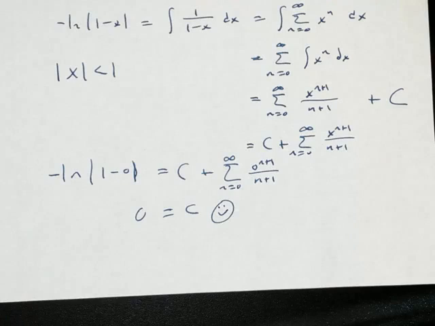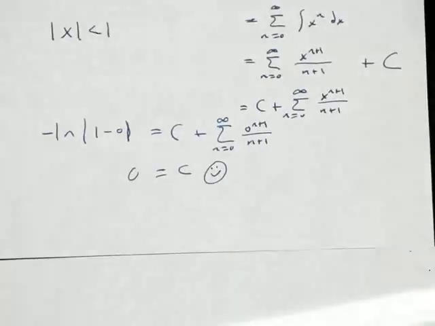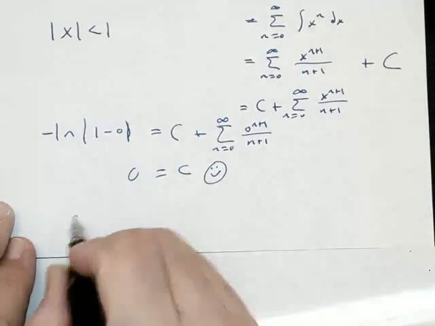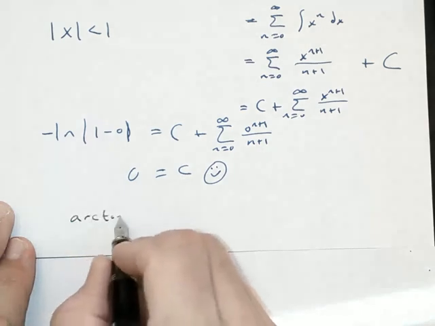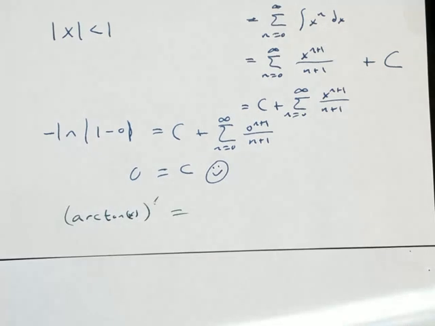As a matter of fact, this allows me to find series representations for functions that I would otherwise have no idea how to find a power series for. Okay, what is the derivative of the inverse tangent? This is why you have a formula sheet.